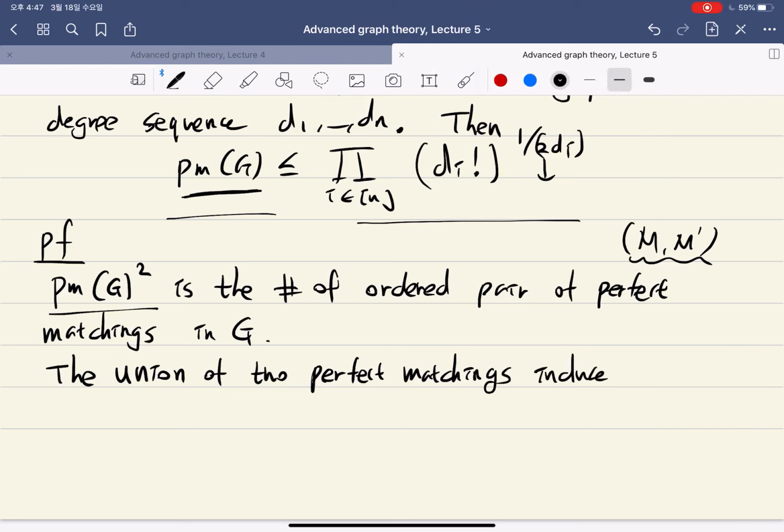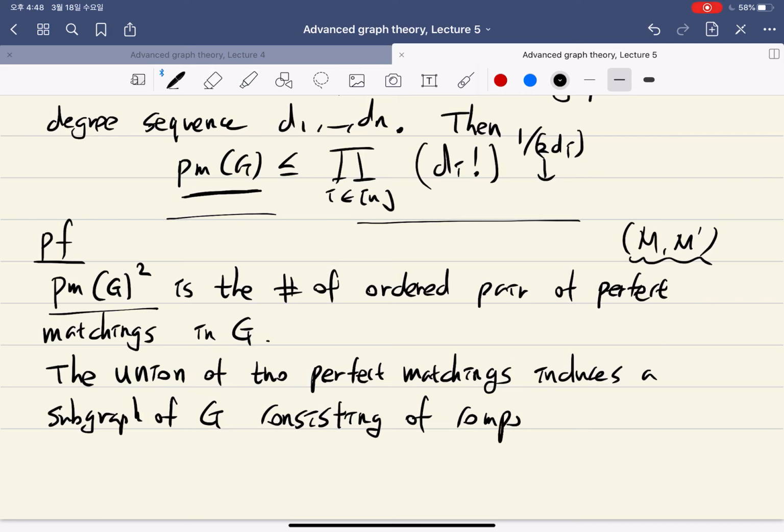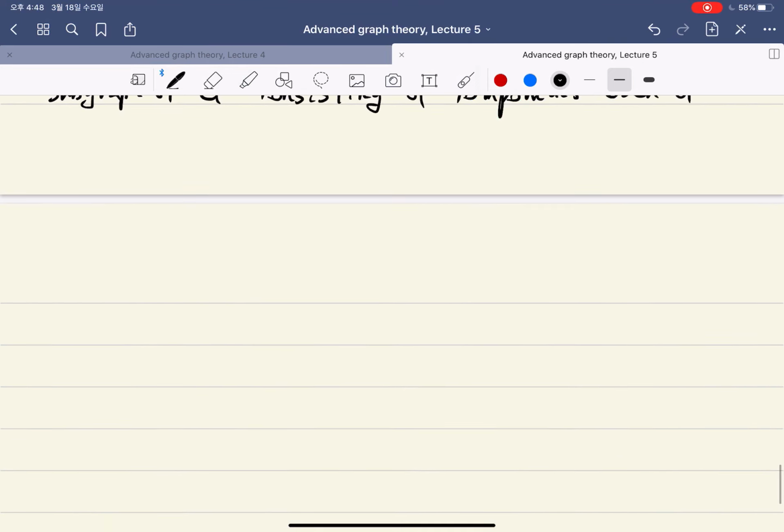It gives a subgraph of G whose components are either even cycles or one edge.